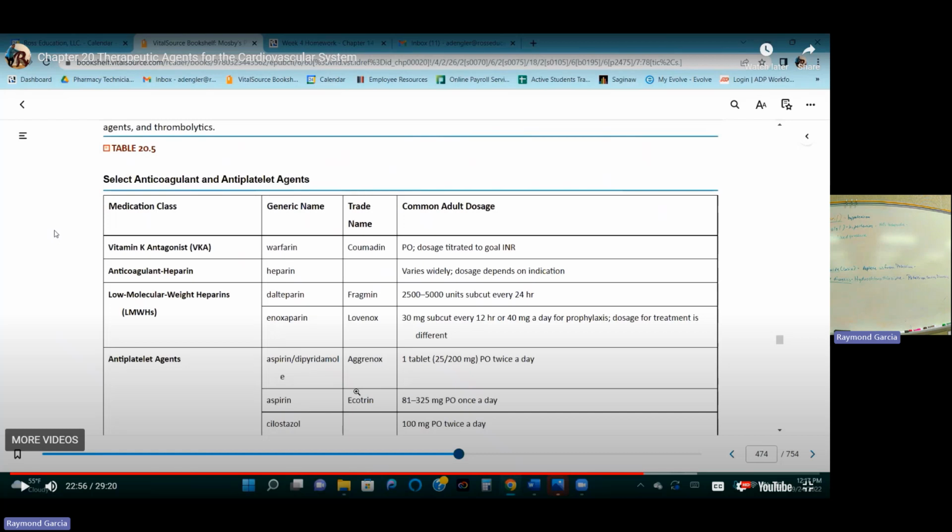So all these medications will help you out with blood clotting, would help out in preventing strokes for the most part, and heart attacks. So you have warfarin, you have heparin, dalteparin, and enoxaparin. A lot of these, well, enoxaparin you'll see a lot of in the hospital.